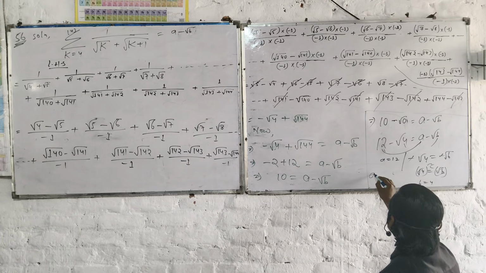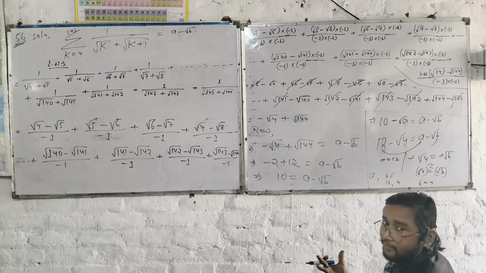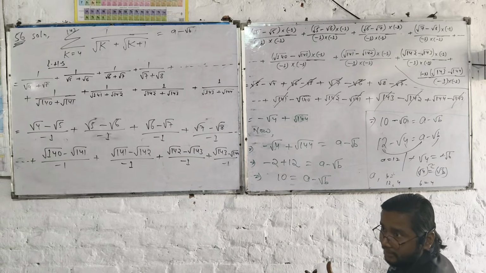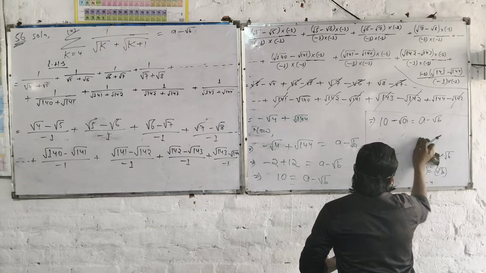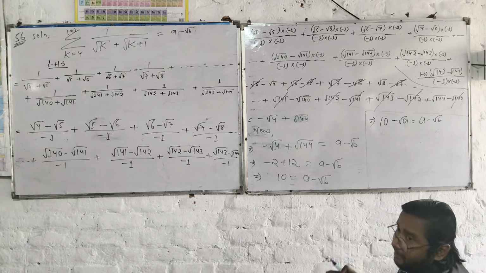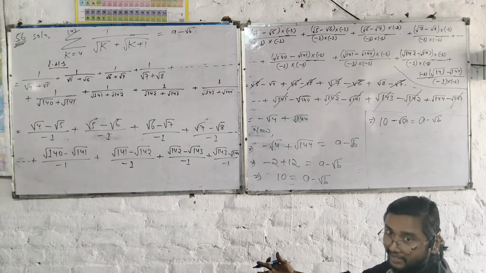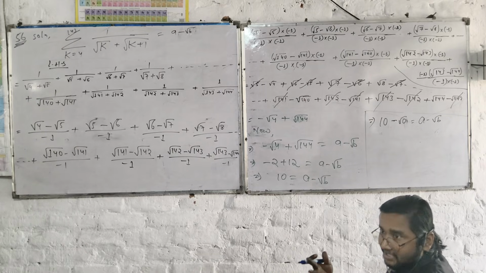So the values of a and b should be 12 and 4, but none of those answers is given in the options. When the options are not given, other possibilities may be there, but when the options are given we will see the options.